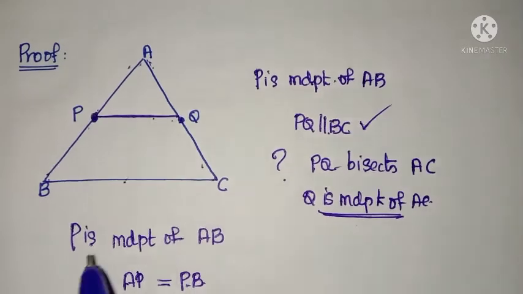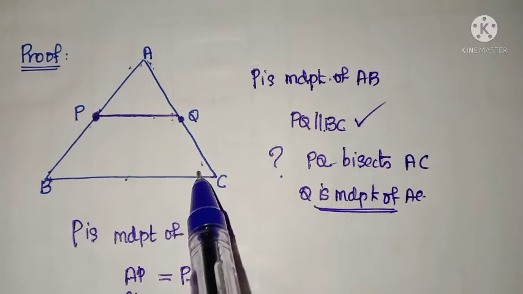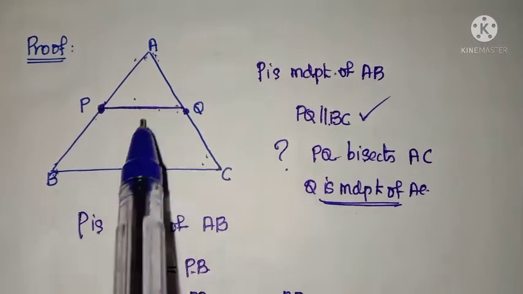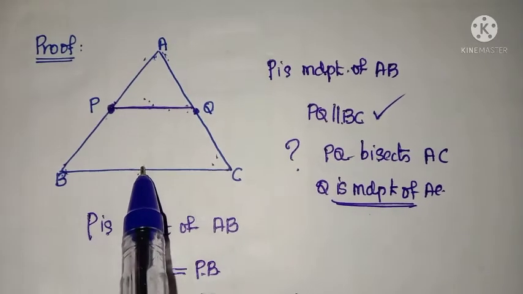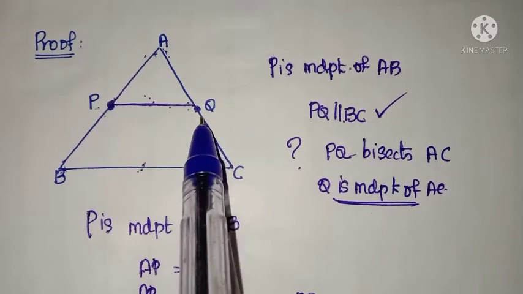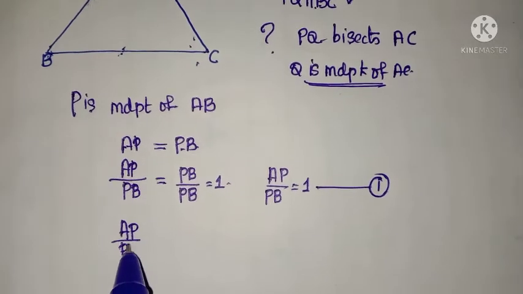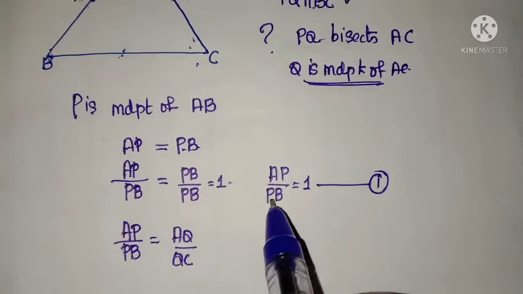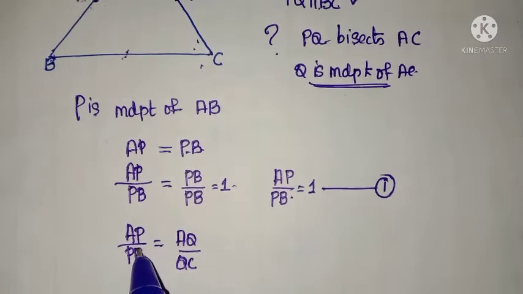Now listen to the second condition. PQ is parallel to BC. This is given. So in the triangle ABC, two lines are parallel and therefore by basic proportionality theorem, AP by PB equals AQ by QC. From equation 1, we can write AP by PB equals 1.